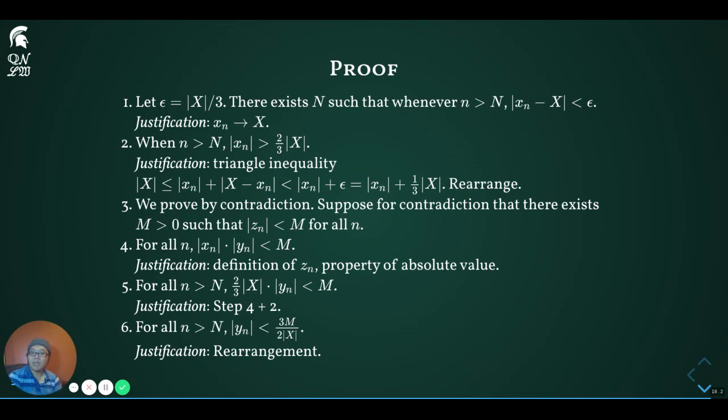Plugging back in our choice of epsilon, being 1/3 of the absolute value of X, and rearranging, this shows that the absolute value of x sub n is at least 2/3 the absolute value of capital X. In particular, x sub n cannot be too close to 0.